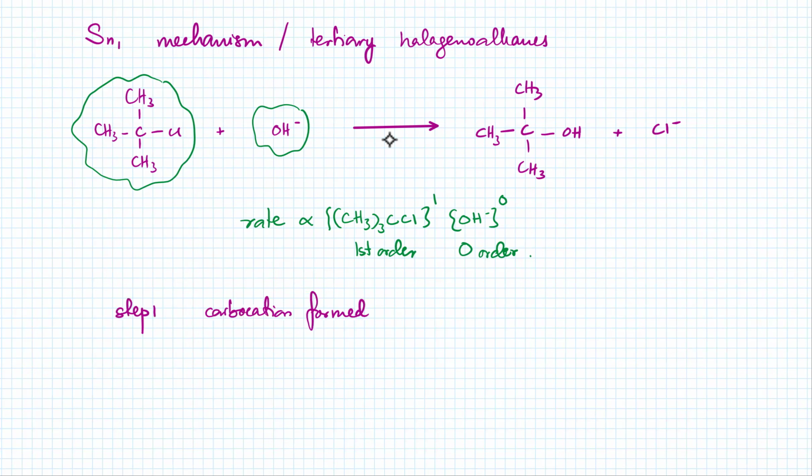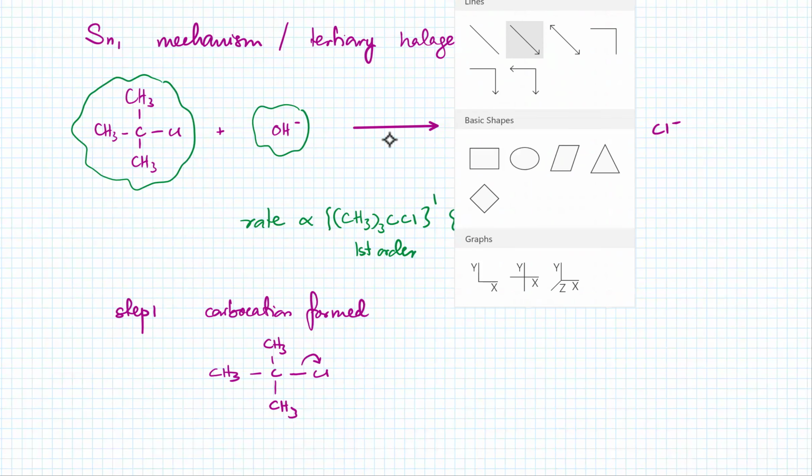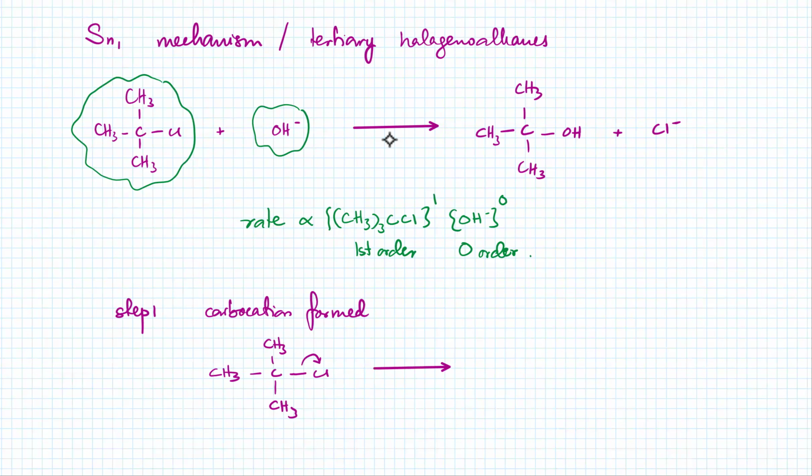What happens is that you've got a tertiary halogenoalkane, and it's got a Cl, and the Cl gets knocked out. Maybe during collisions, it gets knocked out, and it ends up forming a very stable tertiary carbocation.